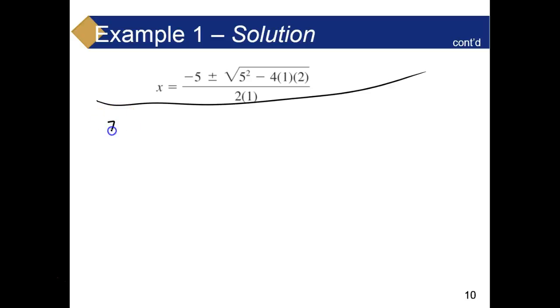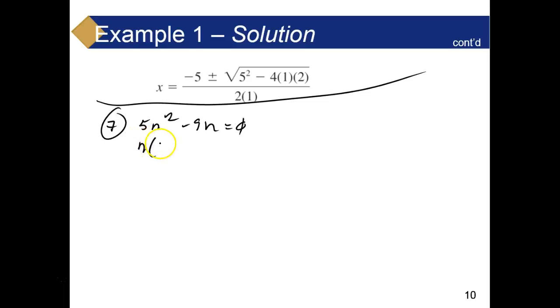Number 7. Same page as before, same section, number 7. 5n squared minus 9n is equal to 0. How would you proceed on that one? Factor. And what do you factor? n.